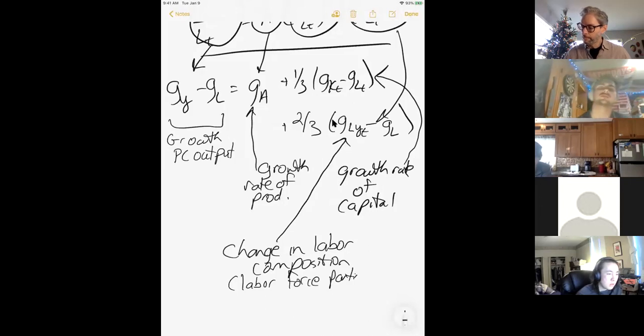Are more people working in the labor force from the population, or are less people working in the population? Okay.